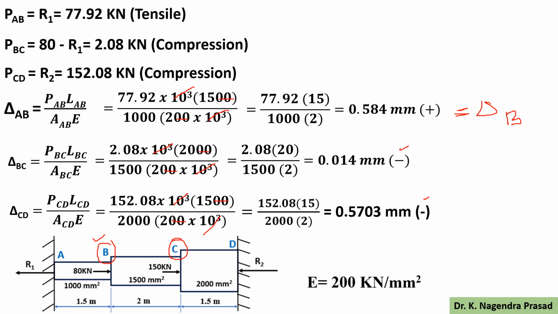Similarly, the deformation at point C is equal to the deformation of portion CD, which is the compression of 0.5703 mm. So we use the minus symbol: delta C equals minus 0.5703 mm. So this is the solution, and thank you.